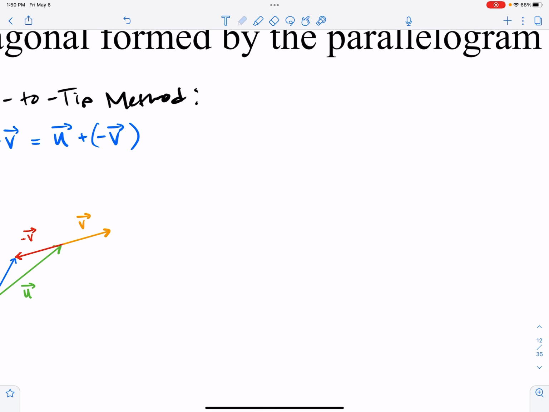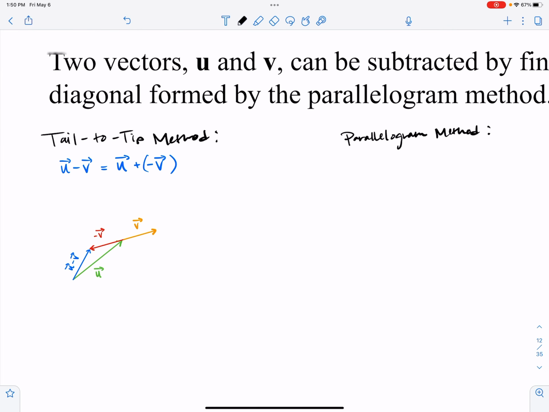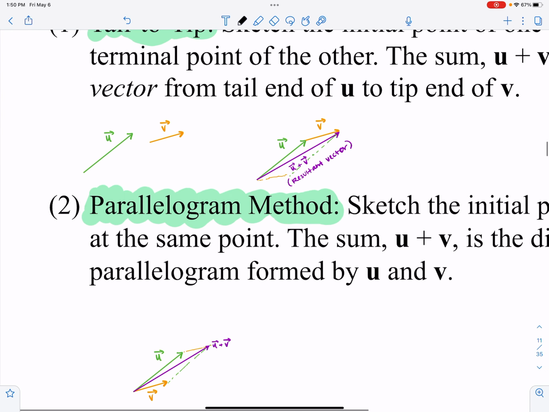And then for the parallelogram method, okay, so I'm going to copy and paste vector u and vector v again.